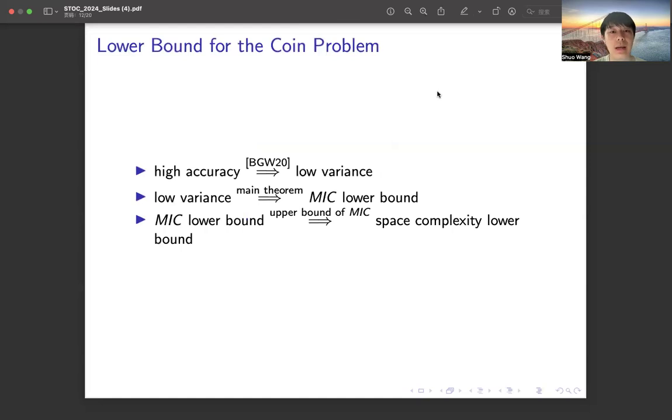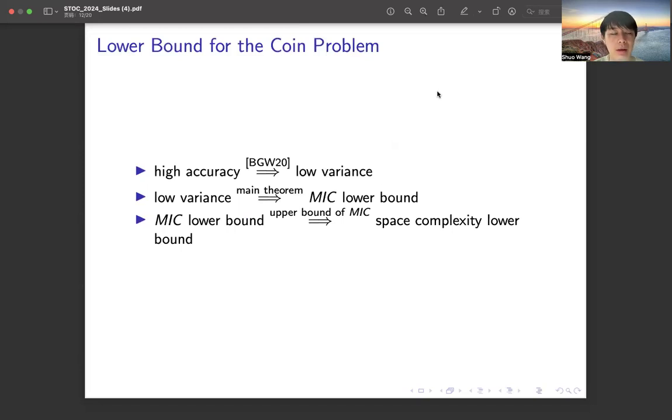And with the main theorem, we could prove our space complexity lower bound. First, we know that if a multipass streaming algorithm has a high accuracy in the coin problem, then by the lemma proposed in BGW, we know that the variance is relatively low, and by the main theorem, we know that if the expected variance is low, it would imply a lower bound for the multipass information complexity.